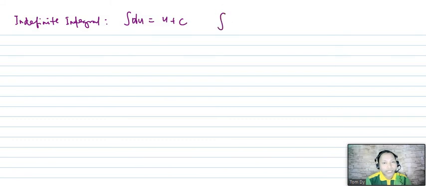Now, take note, we have indefinite integral. We have our initial formula, the integral of du, which is equivalent to u plus c, and the integral of u to the n du, that is equivalent to u to the n plus 1 over n plus 1 plus c.